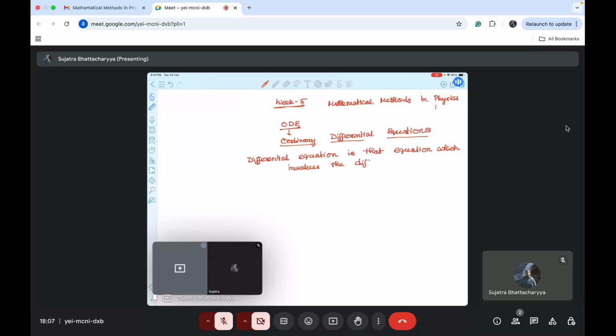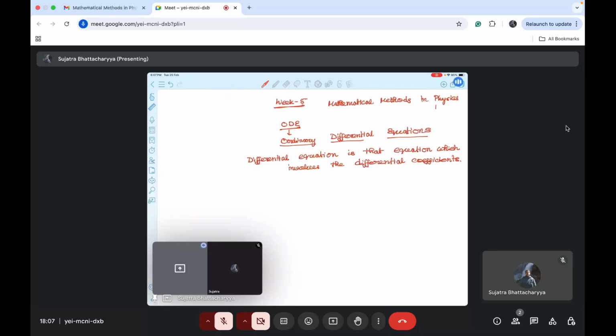For example, simple derivatives like dy/dx or dx/dy, or d²x/dy² and so on. This is the very common definition of a differential equation.